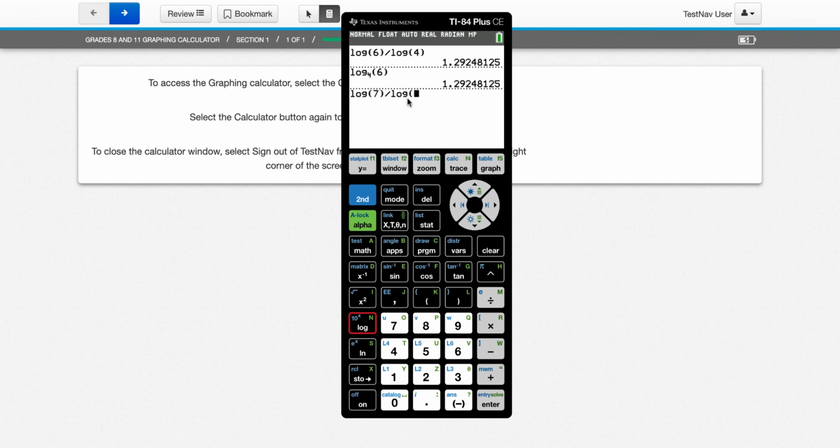There's an invisible 10 here, just pretend there's an invisible 10 there. And you notice how it's the same answer as if I actually used the log base function.